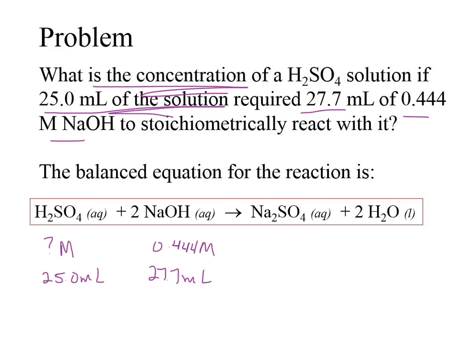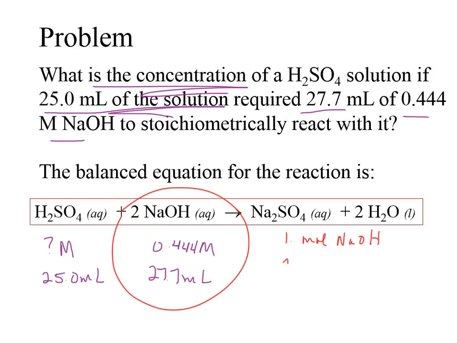0.444 molar. Okay, so one of the things I told you when we met on Monday is I focus on the thing I know most about. And so you're going to see on a series of slides, we're going to start with the NaOH, so we can use molarity and volume to get to moles of NaOH.